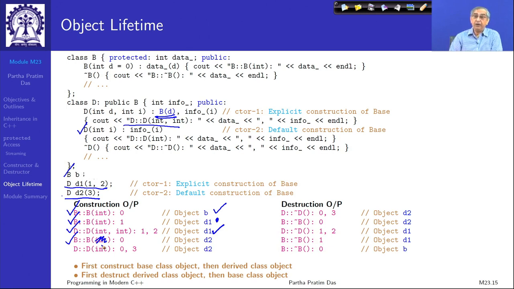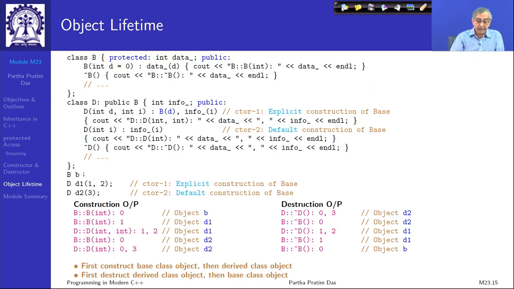This is the base class default constructor, which naturally takes the value 0. Partially d 2 is constructed, then the constructor of derived class d goes on and you have the object d 2 constructed. So, this is how the lifetime of these objects one after the other is studied, including the base part embedded in the derived class object.